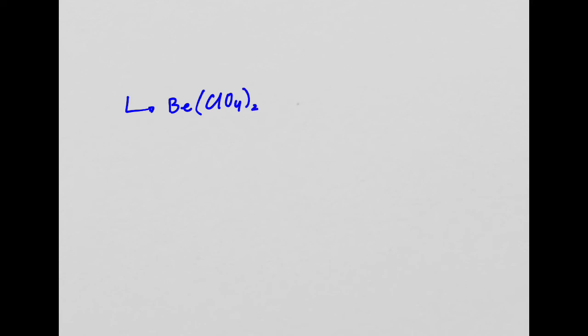First, we're going to write the name of the cation, which is beryllium. Already told you that. Then we're going to write the name of the anion, which is hypochlorite.